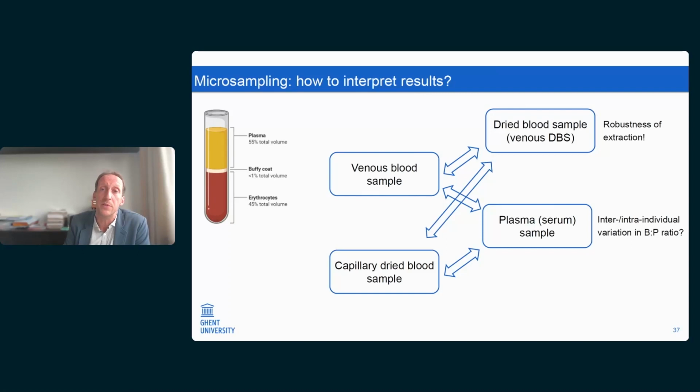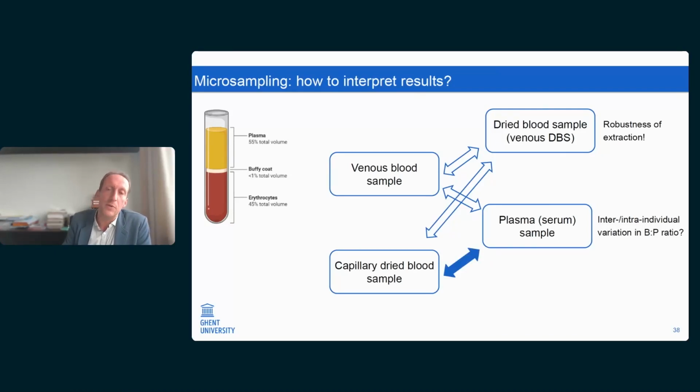And importantly, you could also have capillary venous differences. So what you measure in a finger prick sample may, because of physiological reasons, yield a different result from the same sample in a venous context. And there's nothing wrong with that, but it may imply that you should not use these results interchangeably.